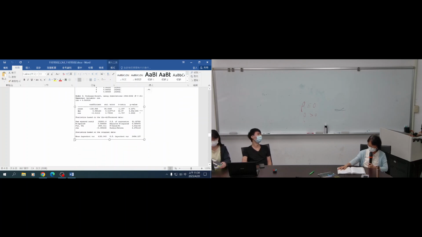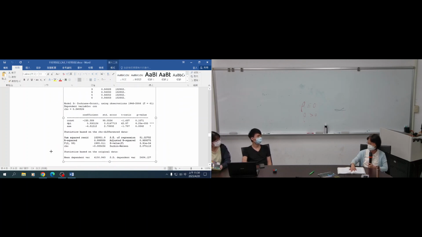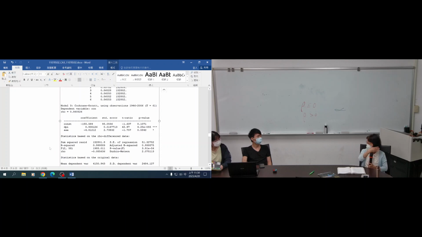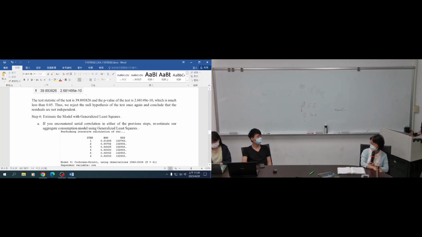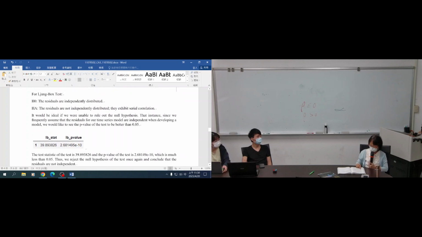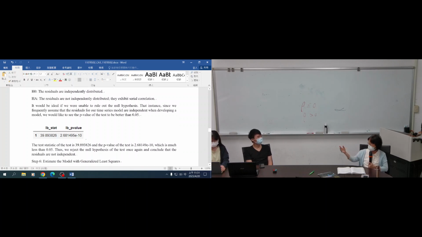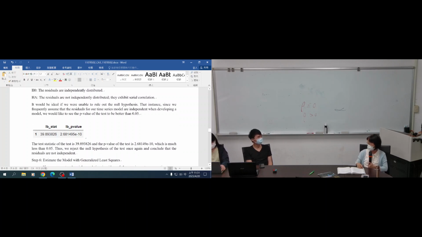Step 5. Didn't I say to use the autocorrelation functions, since I taught the autocorrelation functions, right? So I asked you to do the autocorrelation function in step 2, included, right? That's why Rachel did it, because I said so. Otherwise, how would you know you have to do that?